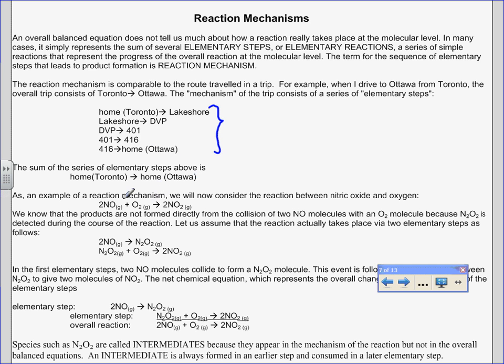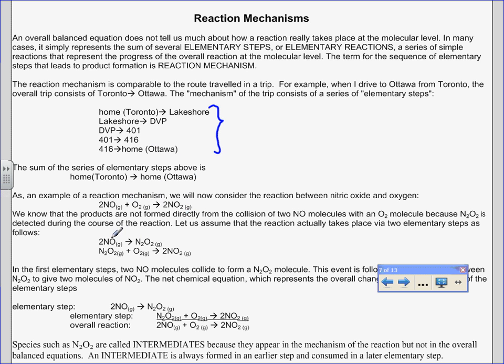Here's another example. When we've got 2NO plus O2 going to 2NO2, this reaction doesn't happen in one step. So it doesn't occur by 2 molecules of NO colliding with 1 molecule of oxygen to produce 2NO2. It happens in elementary steps. And the elementary steps that occur are these ones.